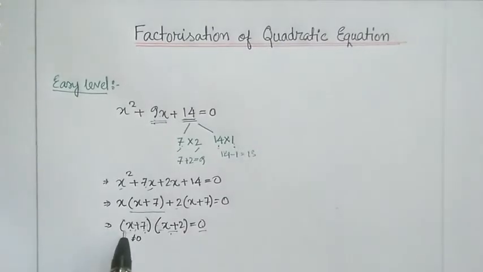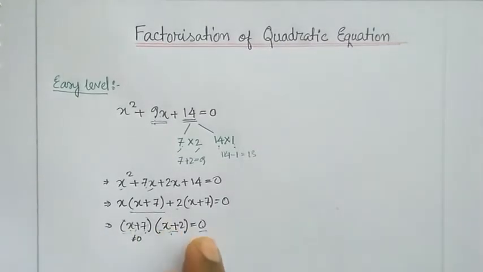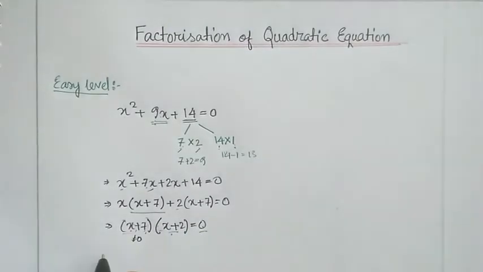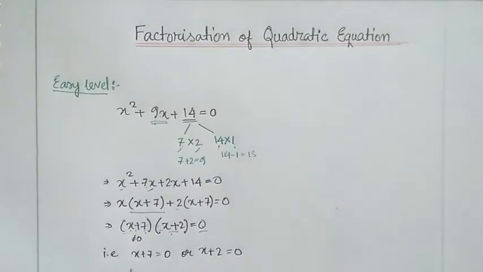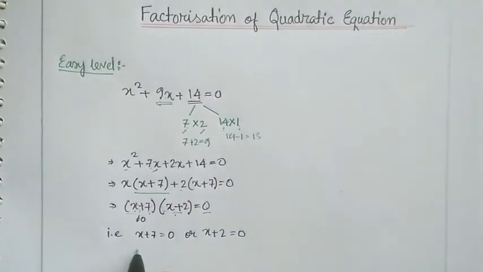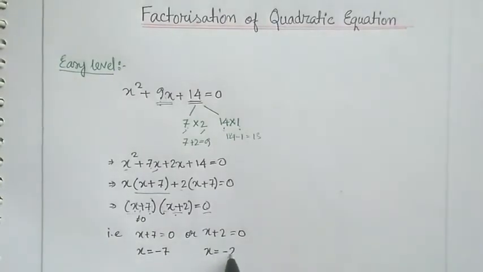So for a product of two variables to be equal to 0, one of them or both has to be equal to 0. That is x plus 7 equal to 0 or x plus 2 equal to 0. From here we will get x equal to minus 7 and x equal to minus 2.